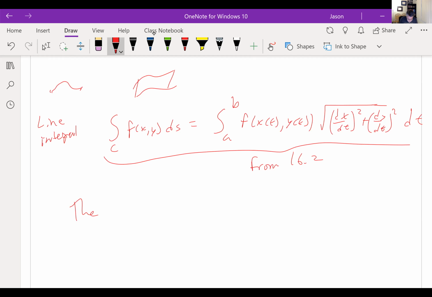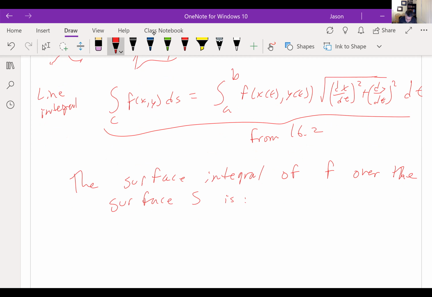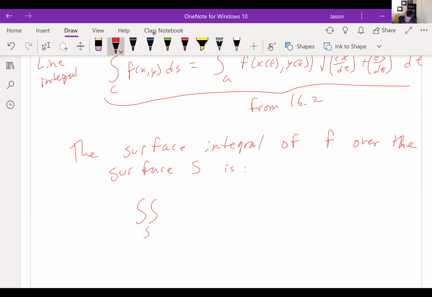So the surface integral of f over the surface S is given to us as the double integral over S of f(x, y, z) dS, where S is capital S. Lowercase s for 2 dimensions, capital S for 3 dimensions. Okay, let's keep that in mind.